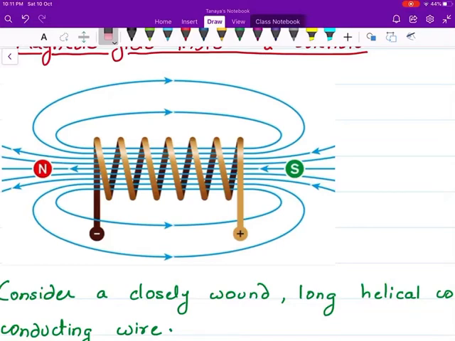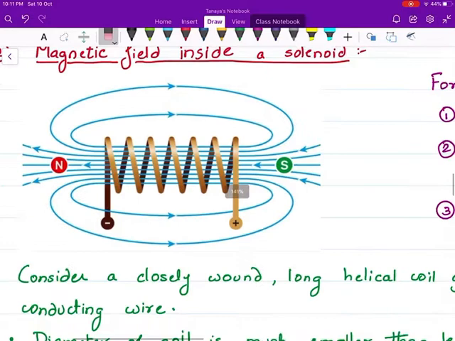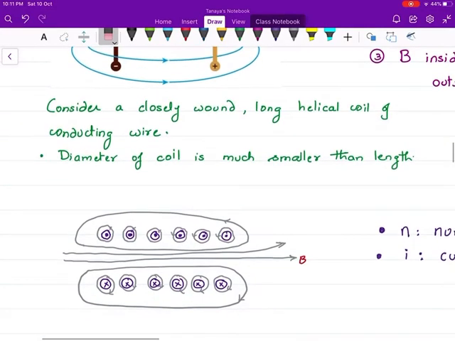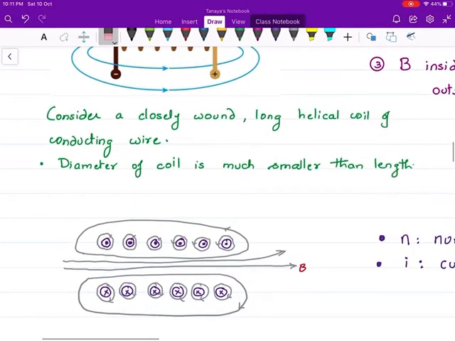We can assume it to be zero. So we are going to say that the magnetic field inside this solenoid is uniform, but outside this solenoid the magnetic field is zero. Now let's see how we can apply Ampere's circuital law to find the magnetic field inside this solenoid. Now I have drawn a cross section over here.